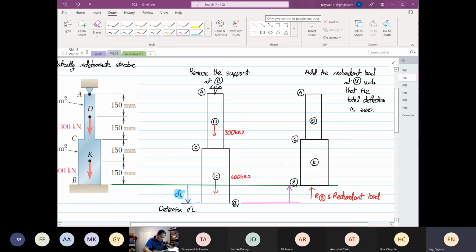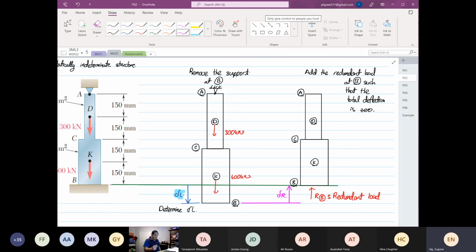Okay. So this is our delta R. As you can see, the deflection due to the applied load and the deflection due to the redundant load are not in the same direction, like what we have written earlier.